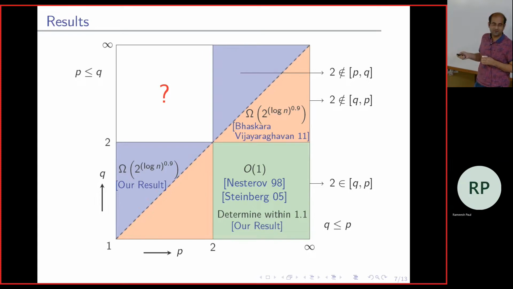If you allow this to depend on n, then we don't know. And for problems like small set expansion, for which you need 2 to 4, it is that delicate: 2 is needed. Lipschitz gods don't help you. Q is not that important because 4, 6, all of this works, but 2 is needed.